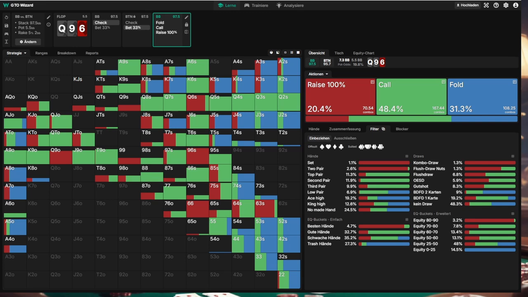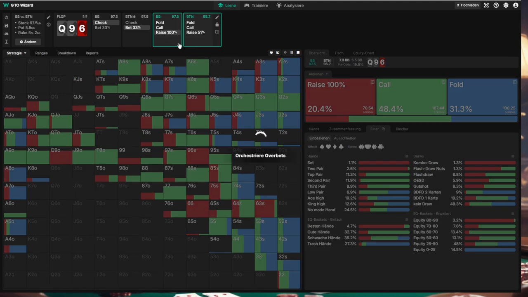And if you know that someone is aggressive and re-raising much on the flop, or raising you, how could you adjust to that? Good question. So we're also gonna take a look here in the GTO Wizard. We're just gonna play the game here.